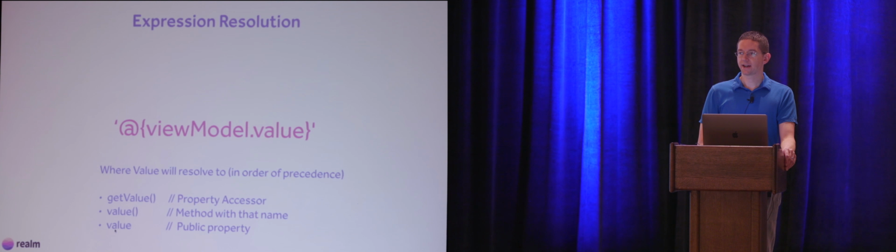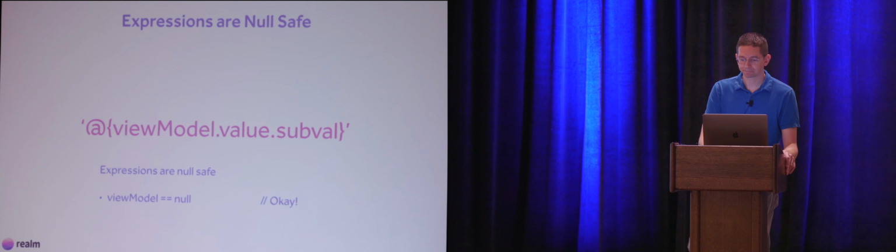And if it can't find that, it'll look for a public property. So if you're building out any sort of backing variable for your layouts, it's probably a bad idea to kind of mix and match these because you'll end up shadowing the others. So if you have all three of these, it'll find this one every time. If you take that one out, it'll find this one, et cetera. So just be careful with that.